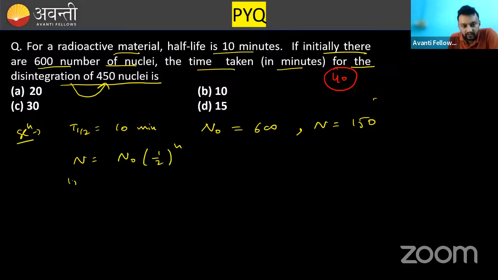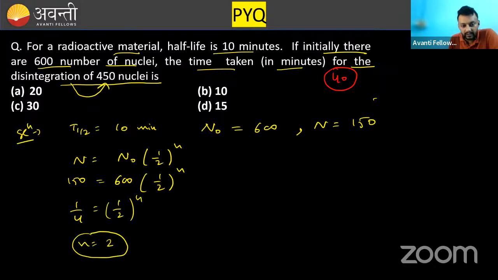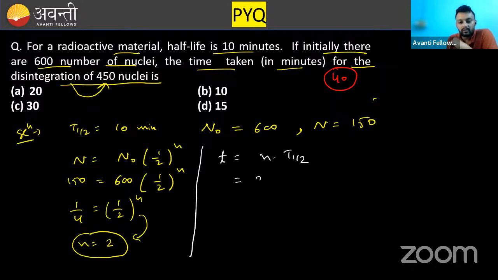N is 150, N naught is 600. So 1 by 4 is equal to 1 by 2 raised to the power n. So n is going to be 2. That means total number of half-lives is 2. So total time is going to be n into T half. 2 into T half, T half is 10 minutes, that is 20 minutes.